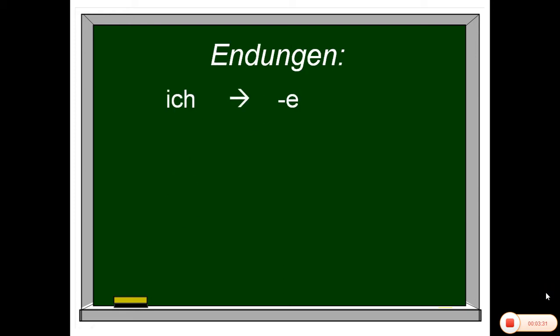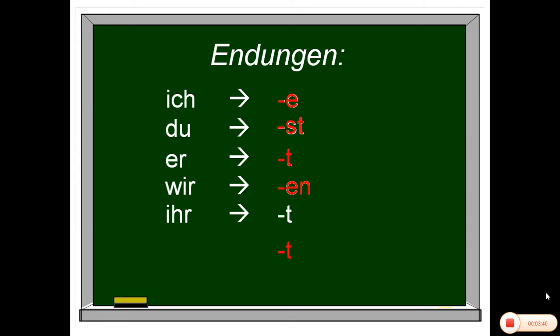Now what endings do the verbs take? Ich takes E, du takes ST, sie takes T, wir take EN, ihr takes T, and Sie and sie take EN. Correct? You already know that. These endings are common, any category of verb you choose, the endings will be like this only.